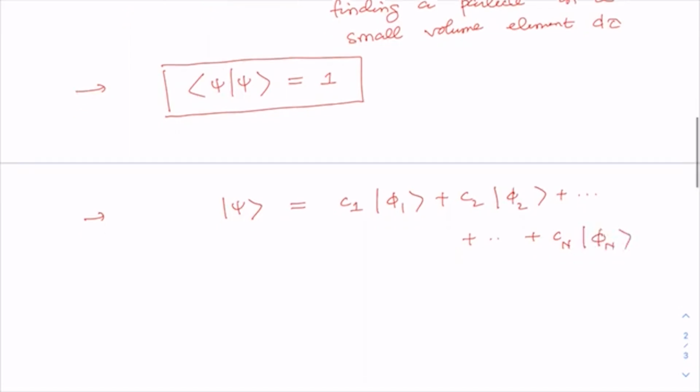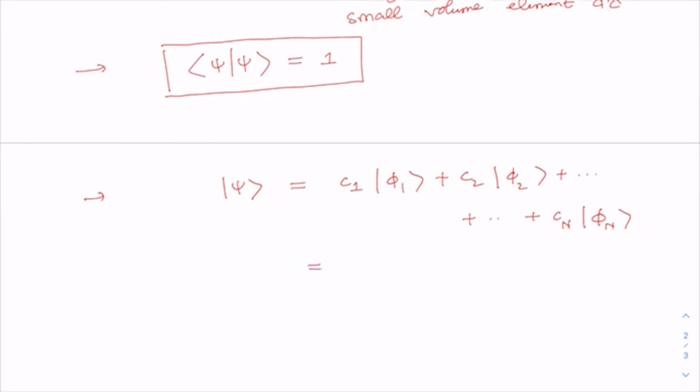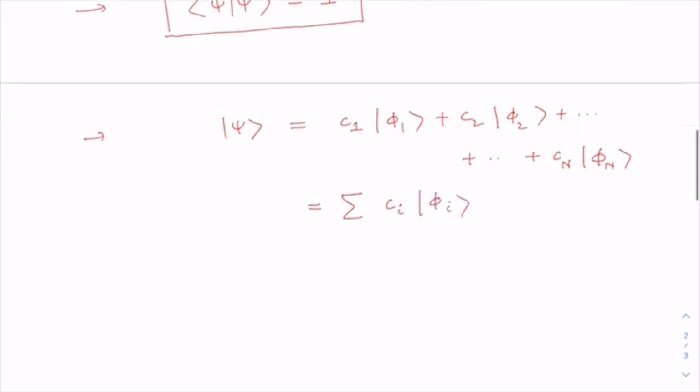For an infinite dimensional system, it will go on, n will tend to infinity, and this we can write in a shortened notation as Ci phi i. Here this phi i is called an eigenvector, or it is called a basis state or basis vector.